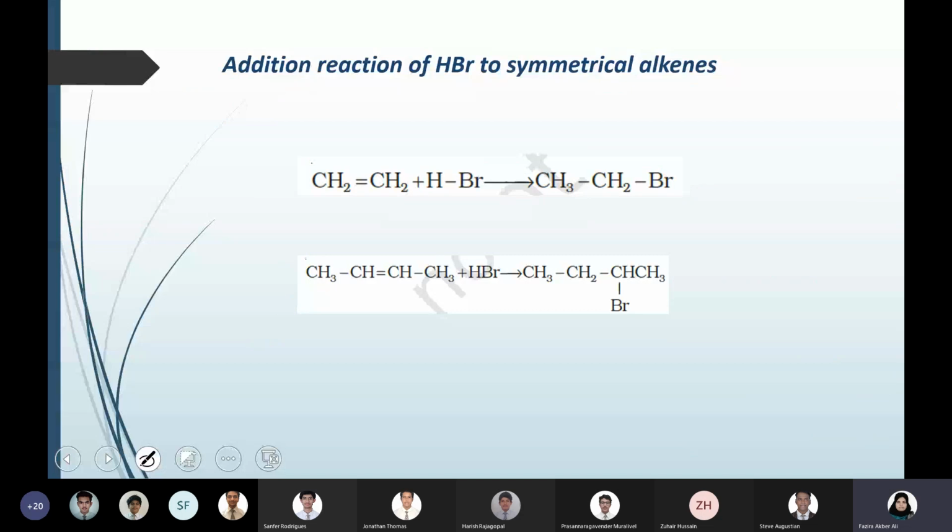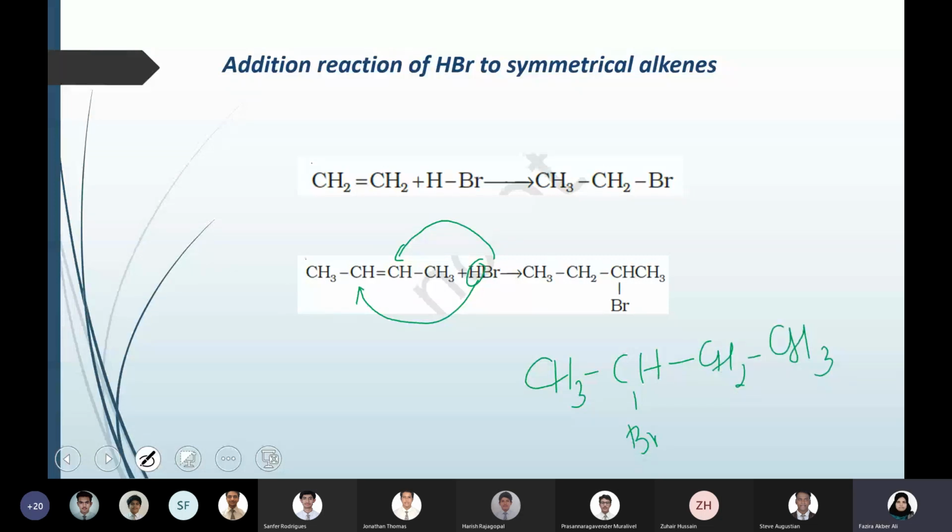That means you don't have to worry when your alkene is a symmetrical alkene, right? You just add hydrogen and Br in any order, but whatever way you add, you will be getting the same product. So in this example, hydrogen is added over here and bromine is added over here. The other way is also possible, but if you draw it the other way, it will be CH3, CHBr, CH2, CH3.